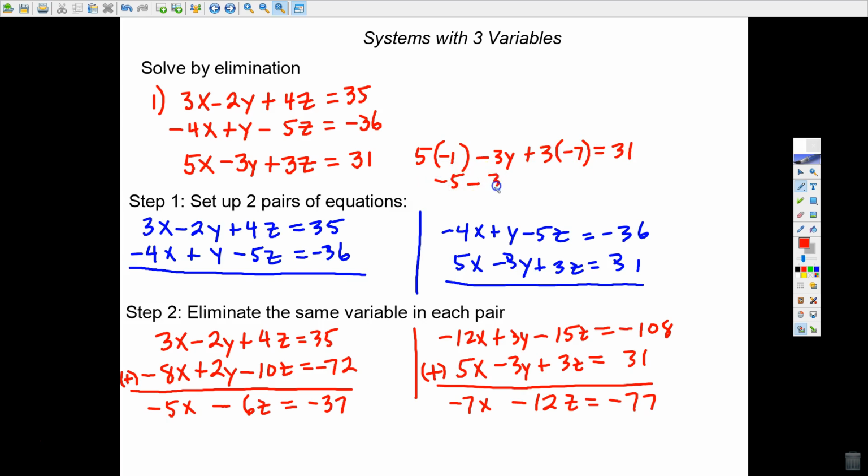Negative 5 minus 3y minus 21 is 31. Negative 3y minus 26 is 31. And I just realized I put negative 7 and it should be positive 7. Sorry about that.